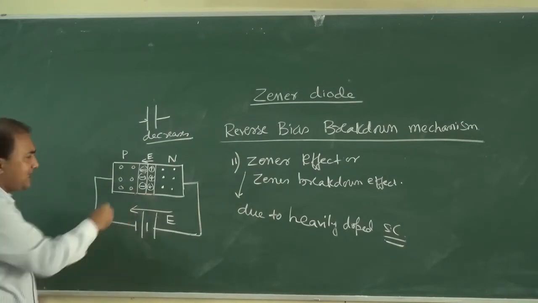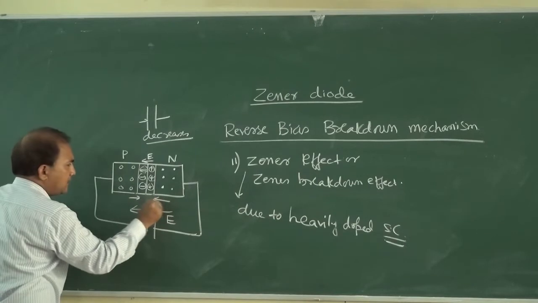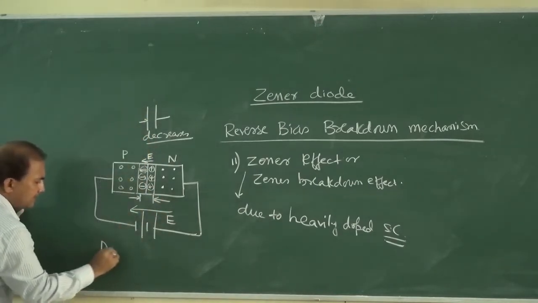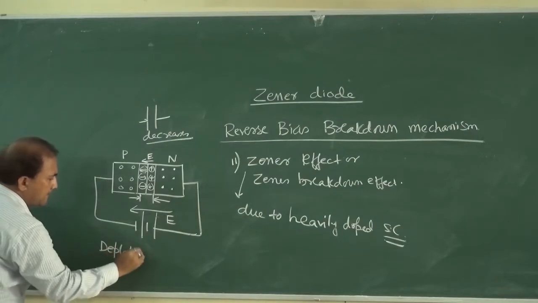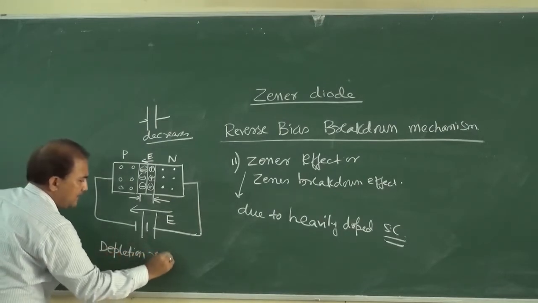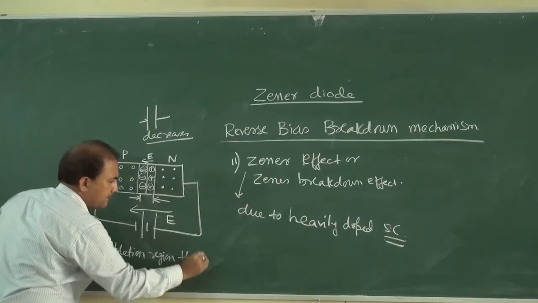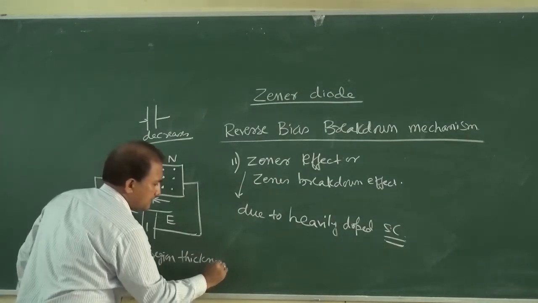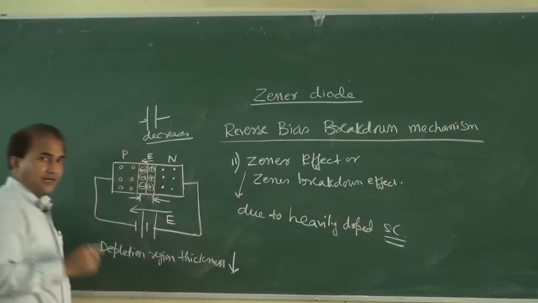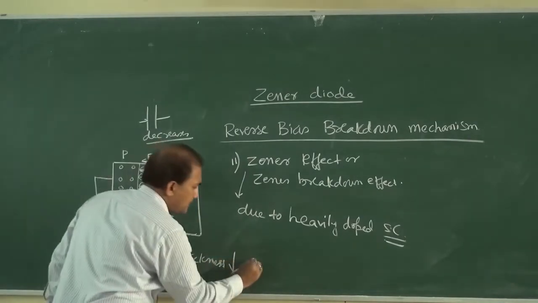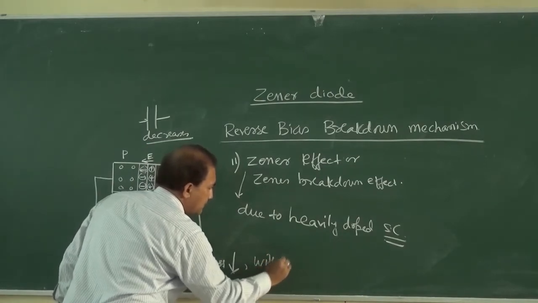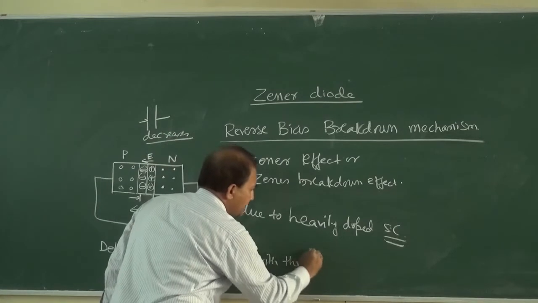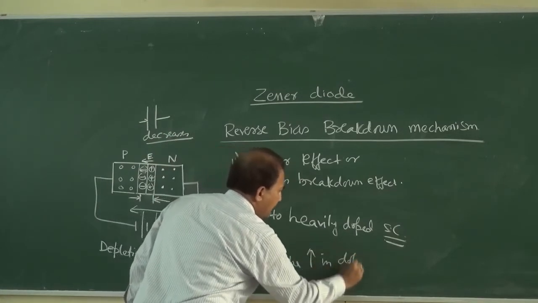With the decrease in this distance, the depletion region thickness decreases with the increase in doping level.